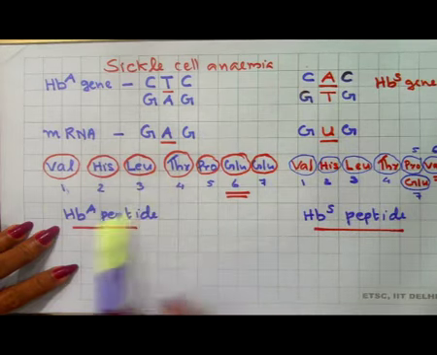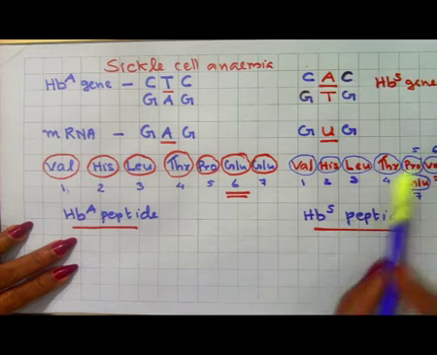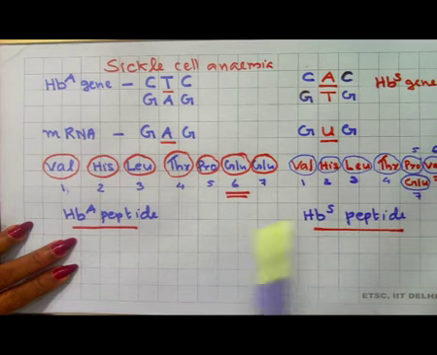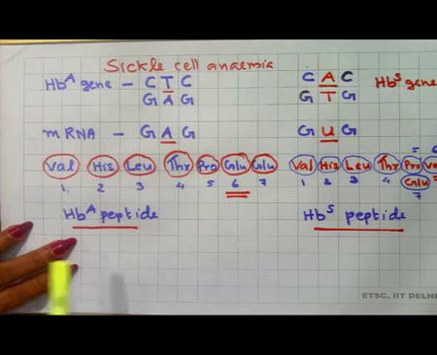The normal one contributes to a normal polypeptide chain for normal hemoglobin, and this leads to the production of HbS peptide chain, which will produce abnormal hemoglobin and hence sickle cell RBCs.